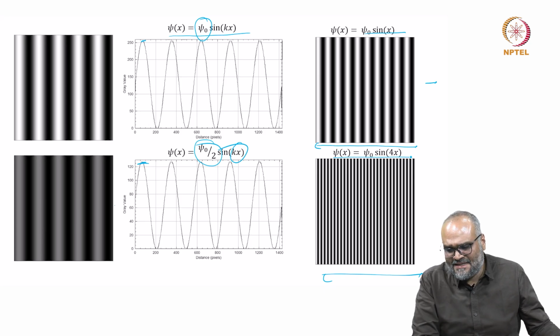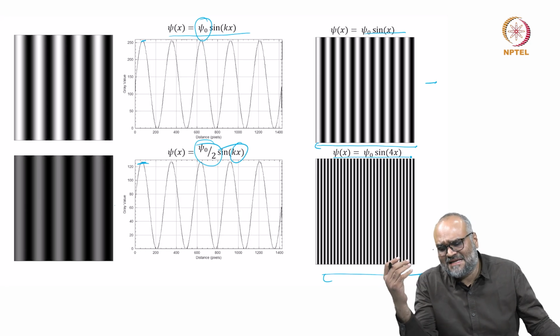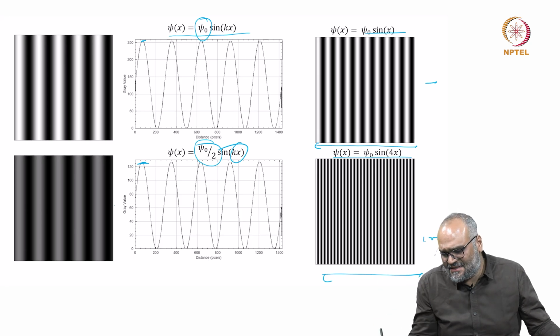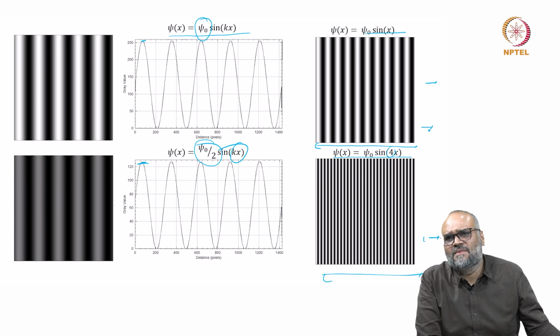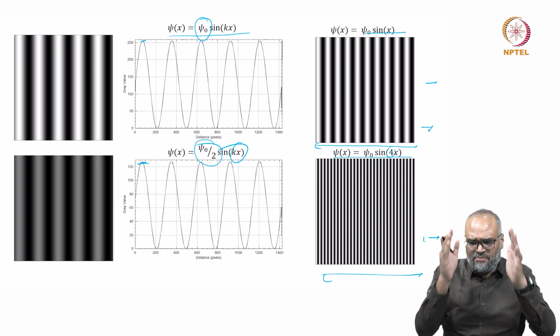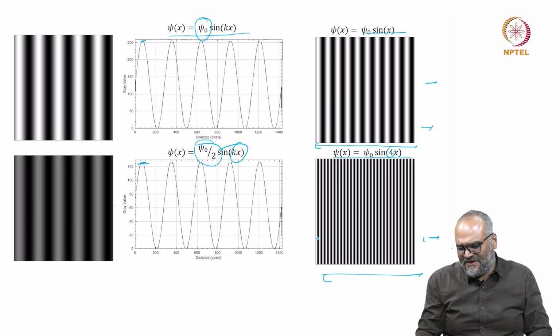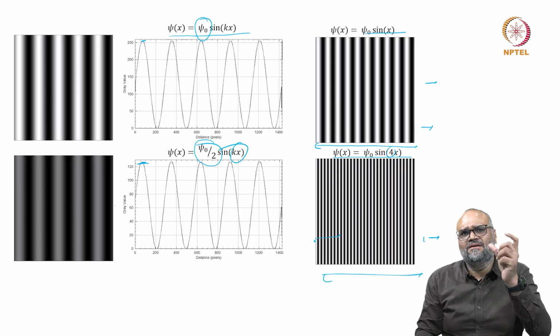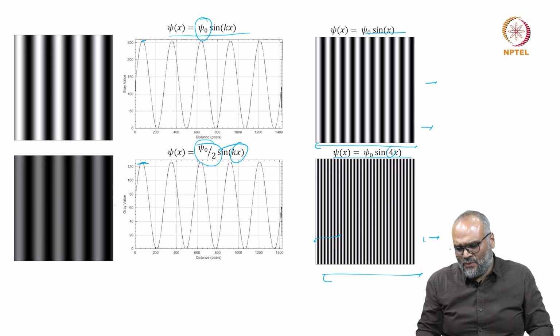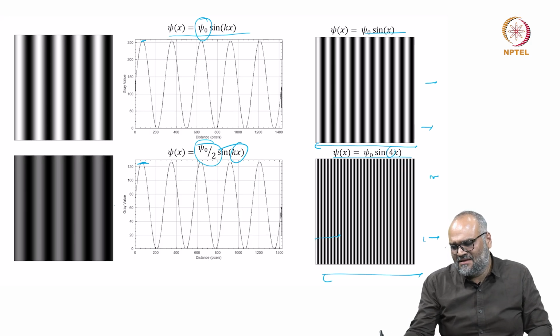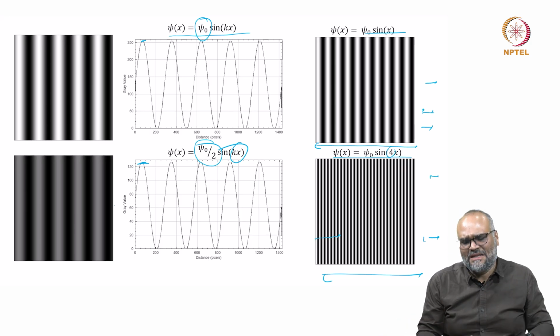I can write it in two ways. I can say that the frequency here is 4 times more than the frequency on the top, which means within the same period I have fit in 4 more sinusoidal waveforms, or the wavelengths of these two can be considered different as well.